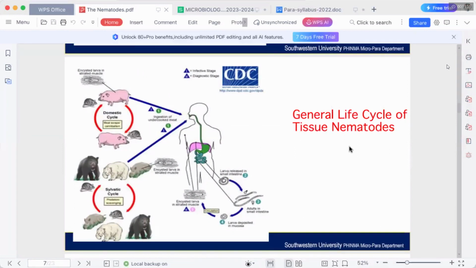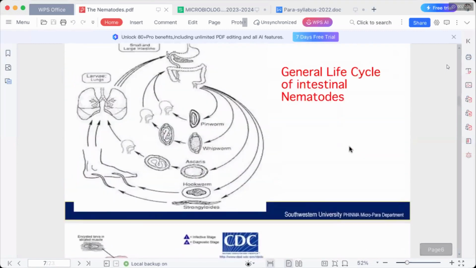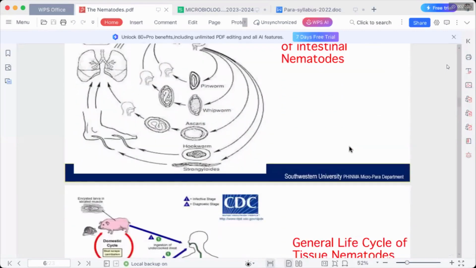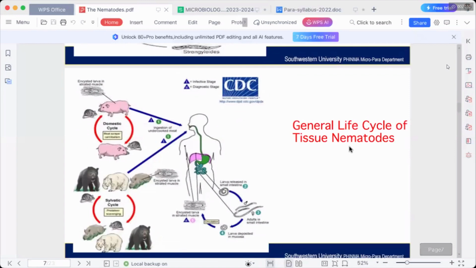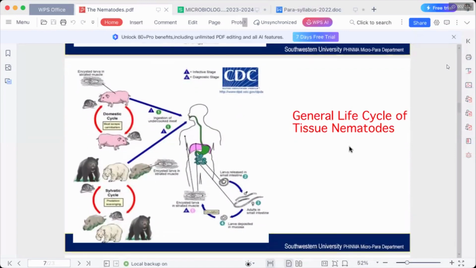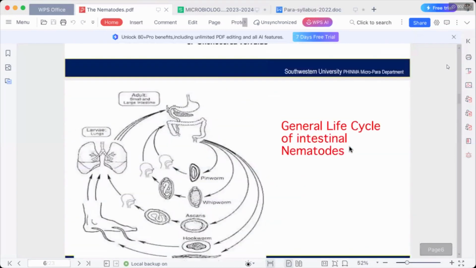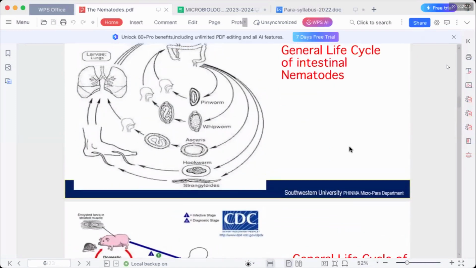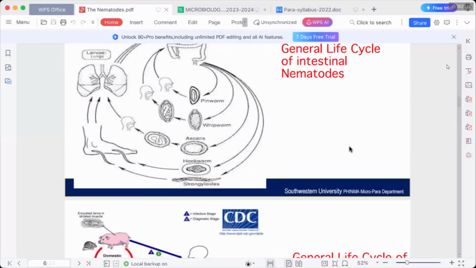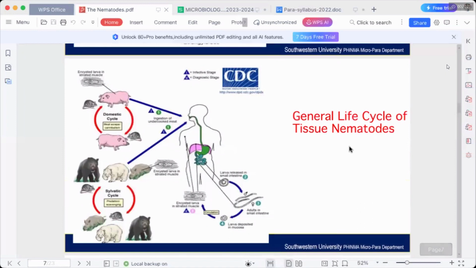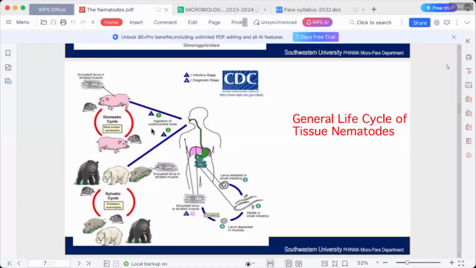For the tissue nematodes, there is another life cycle compared to the intestinal nematodes. For your tissue nematodes, you need to have an intermediate host.